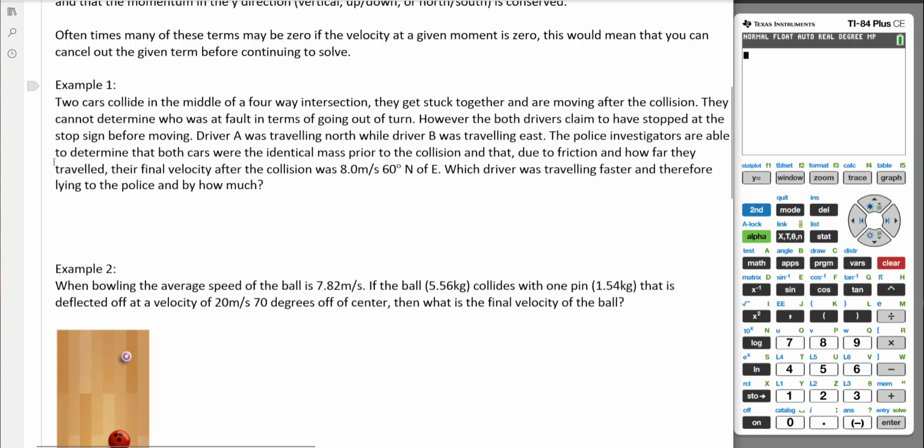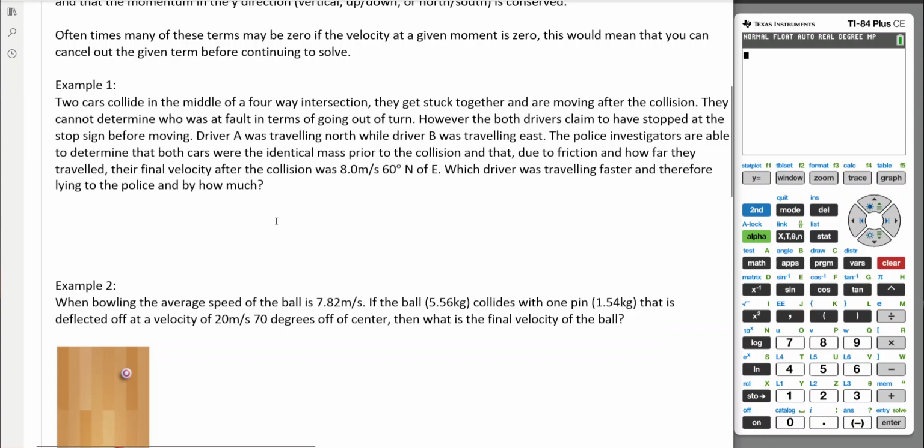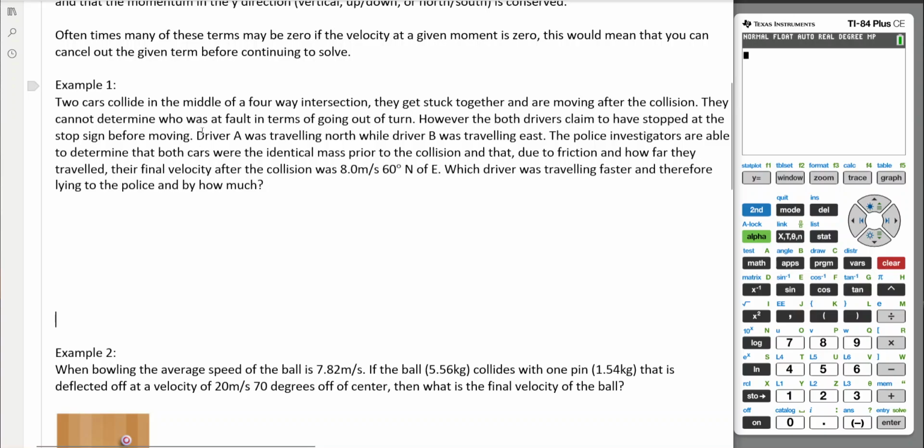Two cars collide in the middle of a four-way intersection. They get stuck together and are moving after the collision. They cannot determine who is at fault in terms of going out of turn. However, they can determine, because both drivers claim to have stopped at the stop sign before moving. Driver A was traveling north while driver B was traveling east.